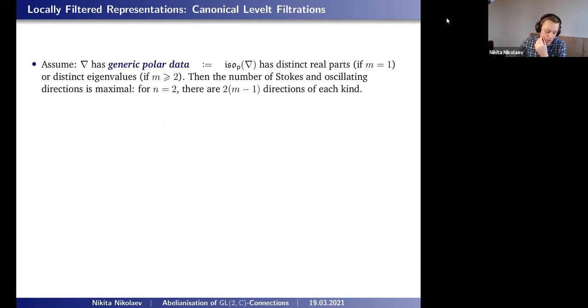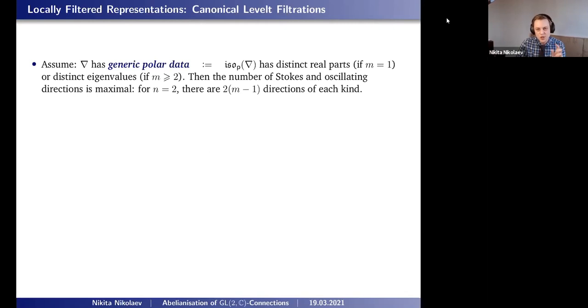So if you assume that the polar data, which means this isotropy representation, is generic, which means it's some kind of assumption on the eigenvalues, and specifically in the case of simple poles, you just want the eigenvalues to have distinct real parts, and in the case of high order poles, you want the eigenvalues to be distinct. So it's some generic assumption.